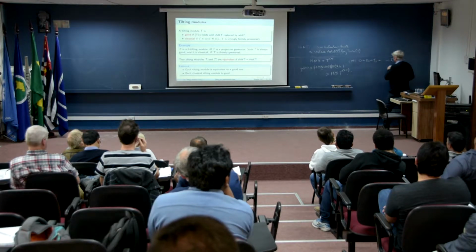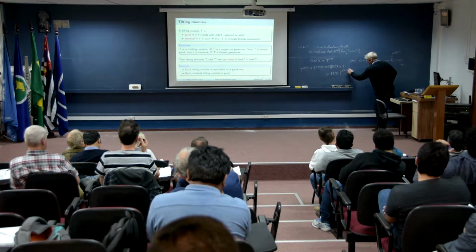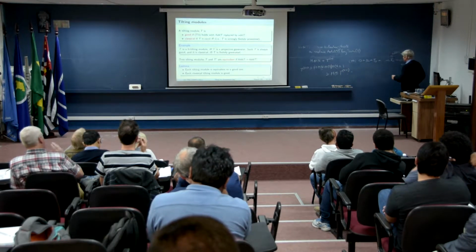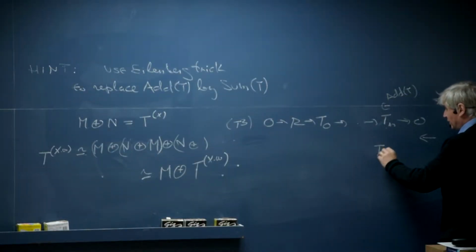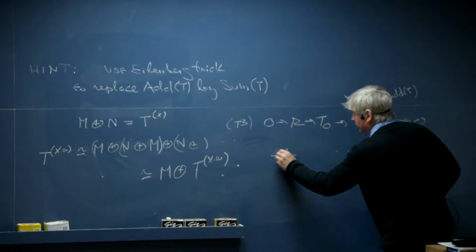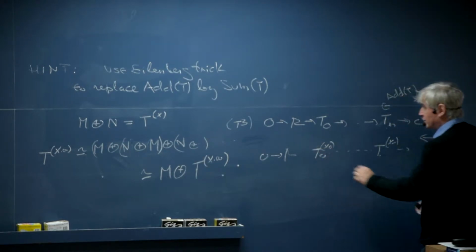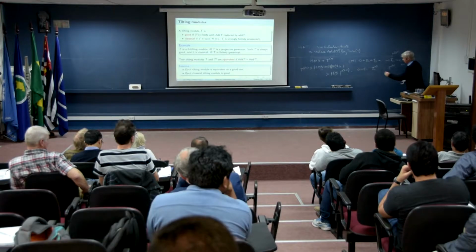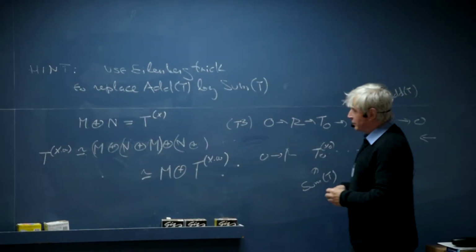So what you can do, going backwards, is add some big number of copies of T to change the summand into a real direct sum of copies of T. So the condition will be the same, except now the terms of the co-resolution will be in Sum T, direct sums of copies of T. So that's the first trick.